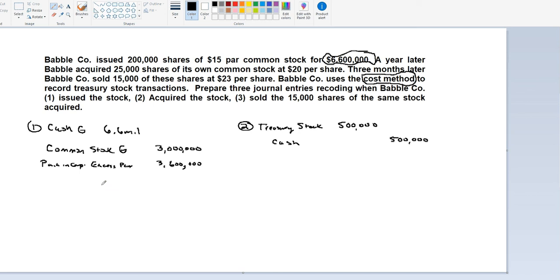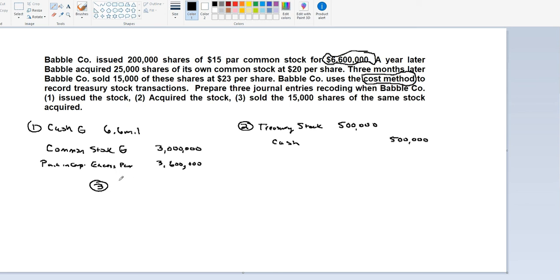Okay, so now this is sort of where it's a little bit tricky. It's really not that difficult, but it's almost like we have to memorize what we do. Now we resold the stock. Three months later, of that same 25,000 shares we bought, we resold 15,000 of those shares, and we sold it for $23 a share.